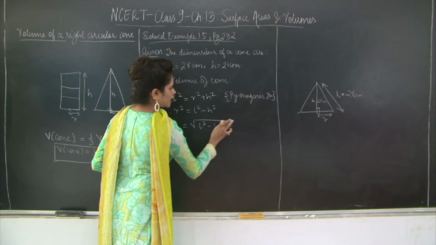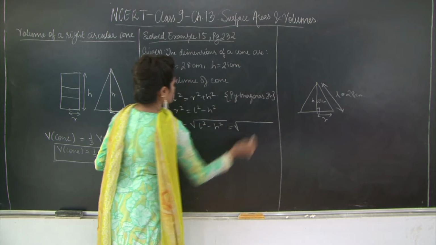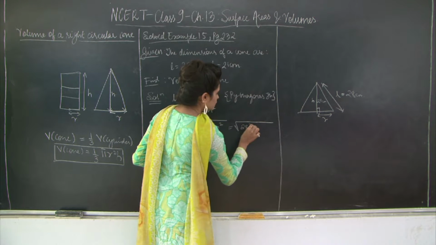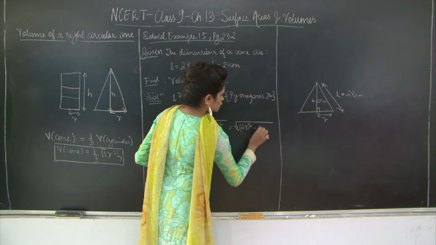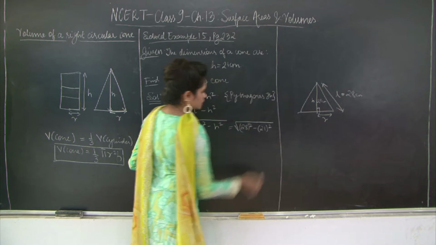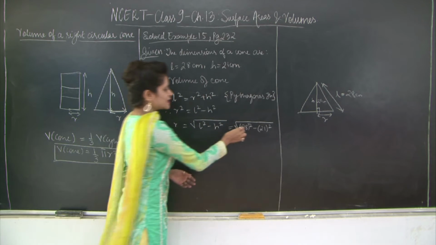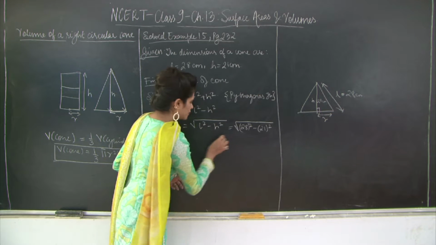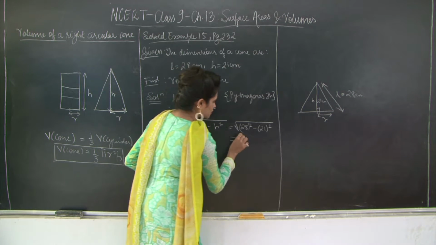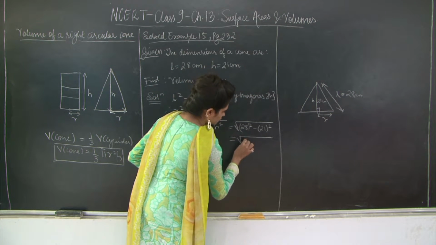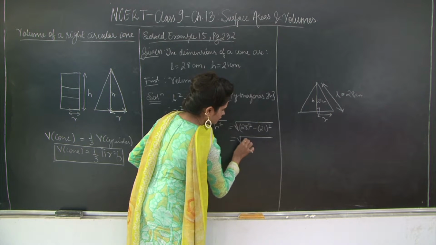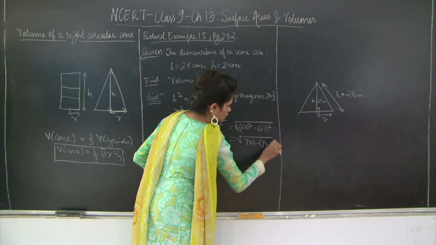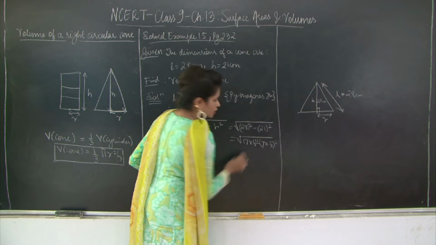So this is nothing but, what is the length? It's 28 square minus 21 square. Now 28 is the same as 7 fours are 28, and this is 7 threes are 21. So this can be further written as the square root of (7 into 4) square minus (7 into 3) square.